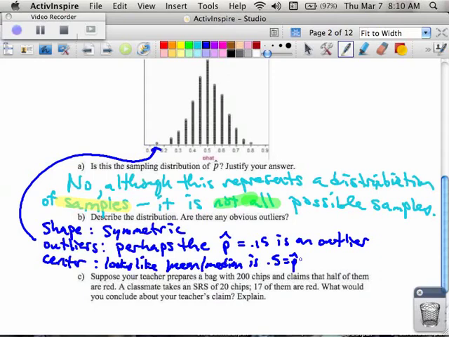And the vast majority of our values look like, I don't know, they're between 0.35 and 0.65 maybe. So you could write that too. I ran out of room, but maybe you could write something like that. I think those three are probably the most important.